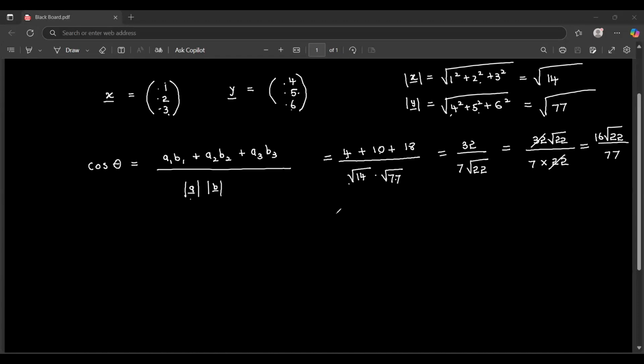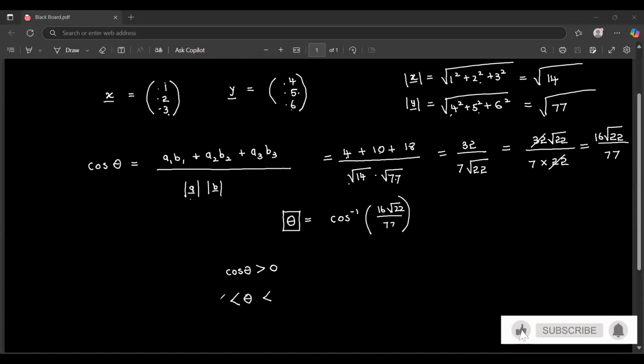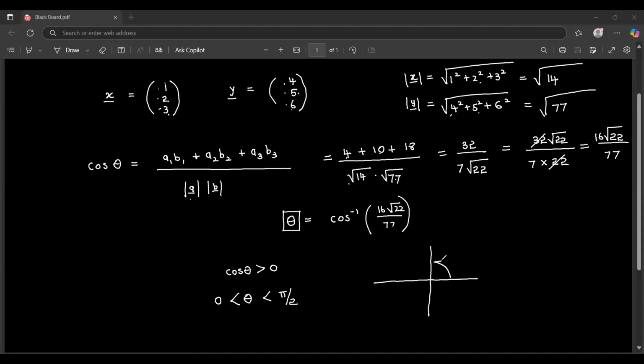And you can use the calculator to find theta, which will be equal to cos inverse of 16 square root of 22 over 77. But my idea here is, what do you think of the angle theta? Is it an acute angle or an obtuse angle? Well, since cos theta is greater than 0, theta must lie in the range between 0 and pi by 2. Why is that? According to the quadrants, the ratio cos theta is positive in the first quadrant.